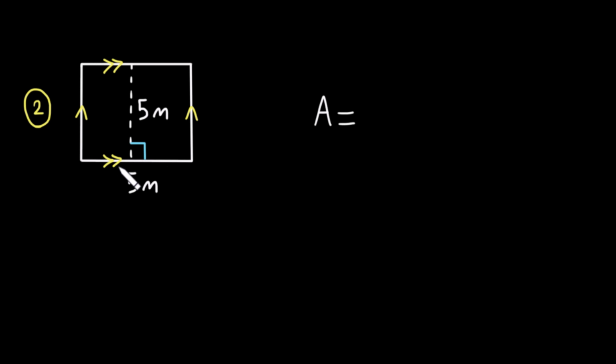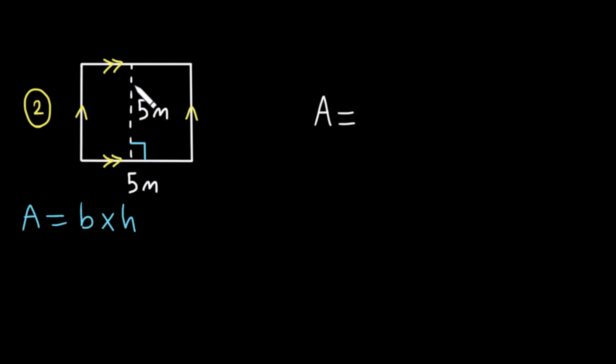The second example: this is a parallelogram because opposite sides are parallel. This is parallel to this side, and this is parallel to this side. To find the area, we know the formula, which is base multiplied by height. As you can see, you have to think like you are sitting here and looking up to this side.